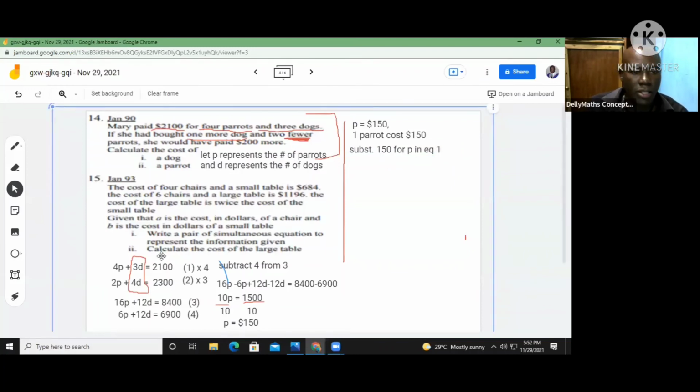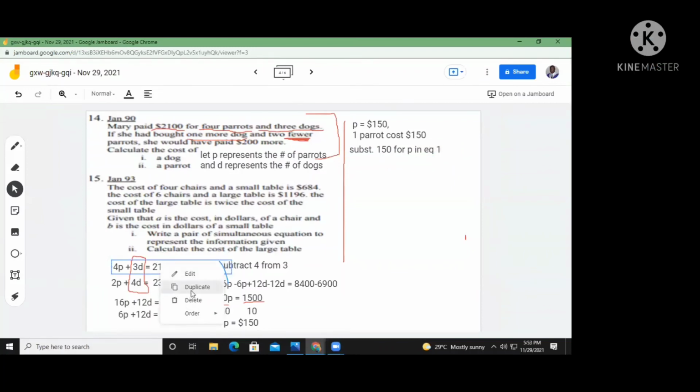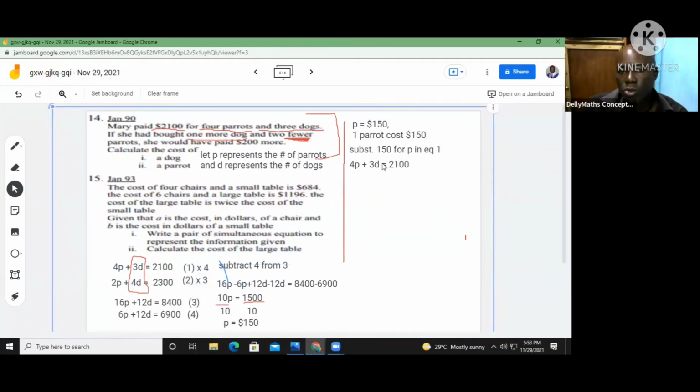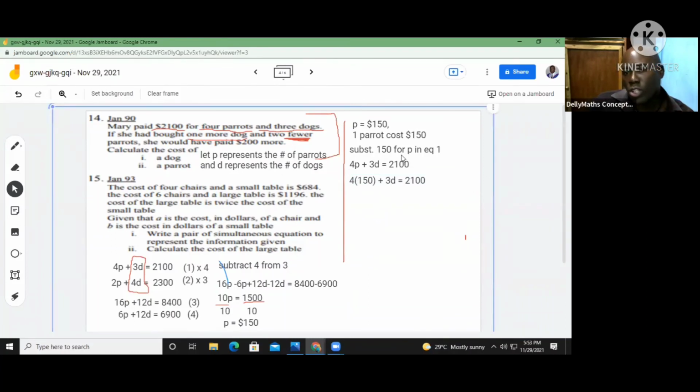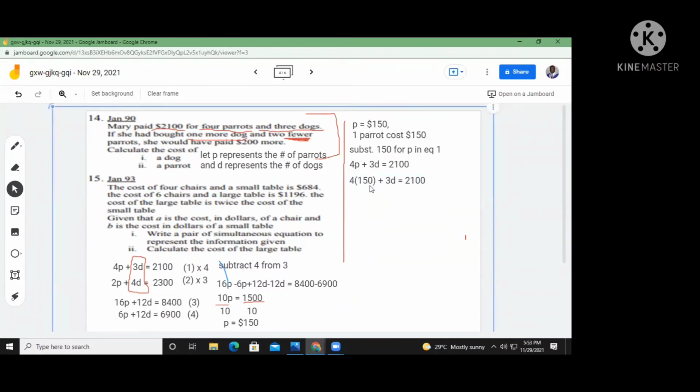I'm about to substitute 150 wherever P is. I'm going to put it in a bracket right there, 150, like that.